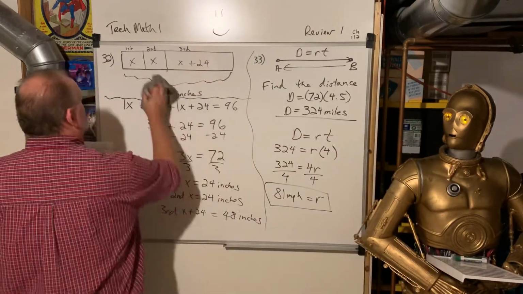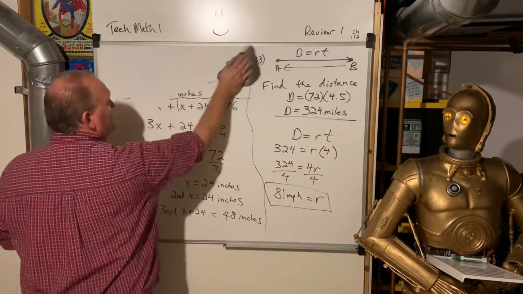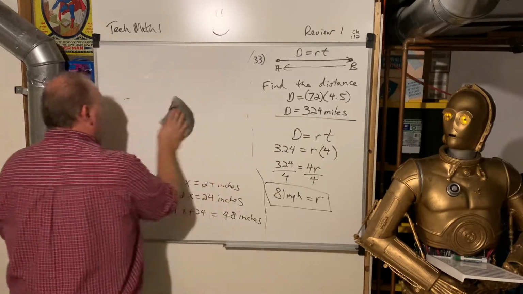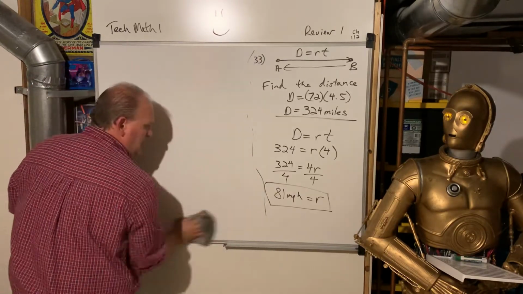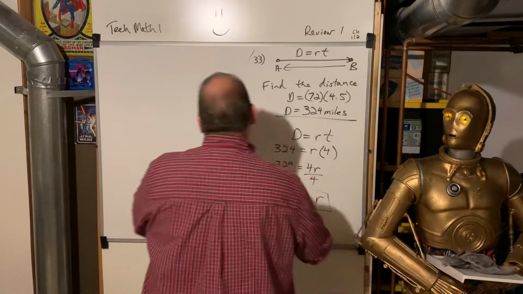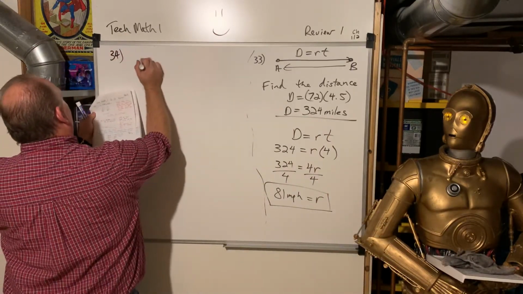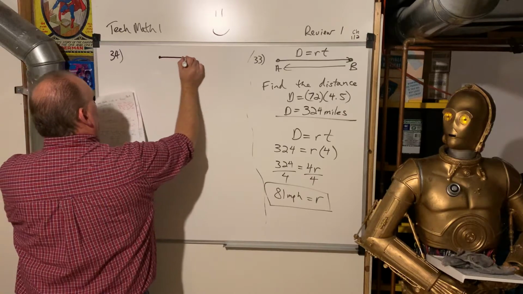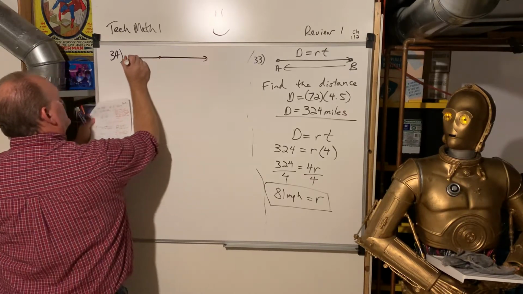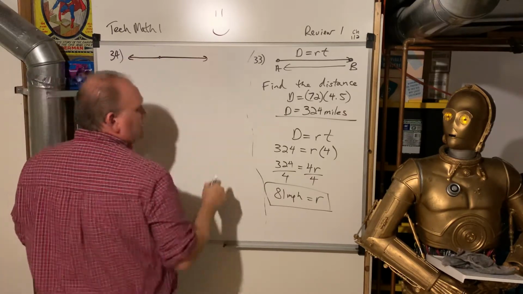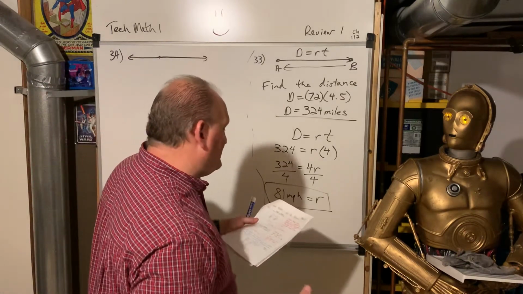All right, so now let's look at 34 and 35, which are very similar problems to that one. 34 looks like this. We've got 2 people going at different speeds in 2 different directions, in opposite directions.